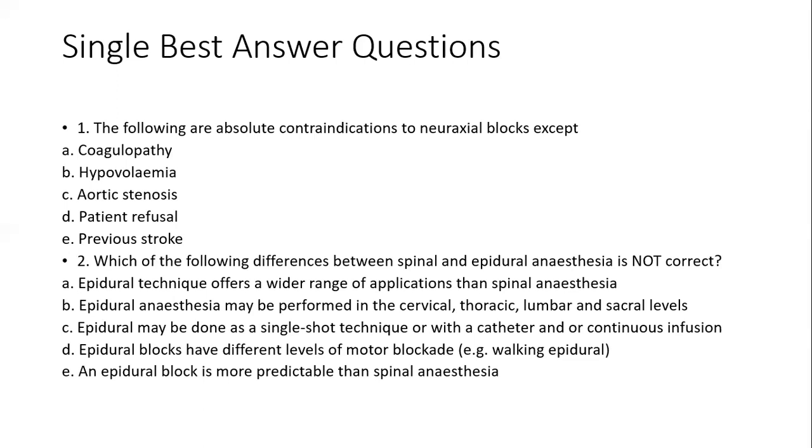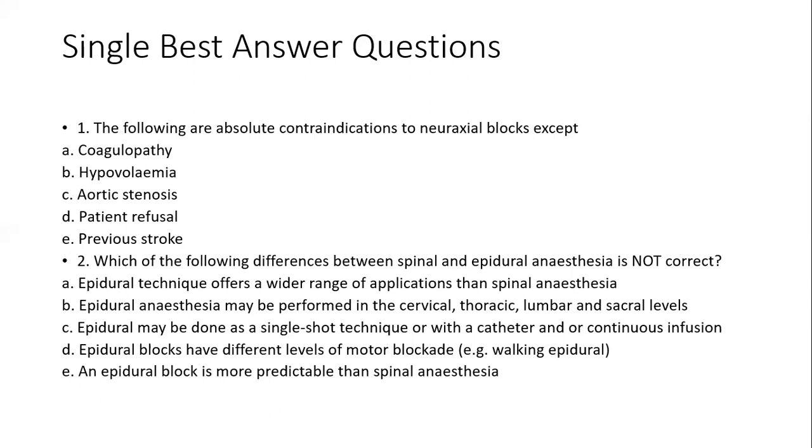I am here, doctor. Okay, read the first question and answer it, then call somebody to read the second question. So the first question is: the following are absolute contraindications to neuraxial blocks, except: A, coagulopathy; B, hypovolemia; C, aortic stenosis; D, patient refusal; and E, previous stroke. What's the answer?